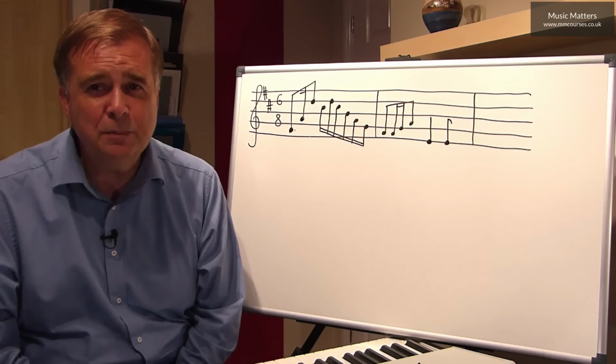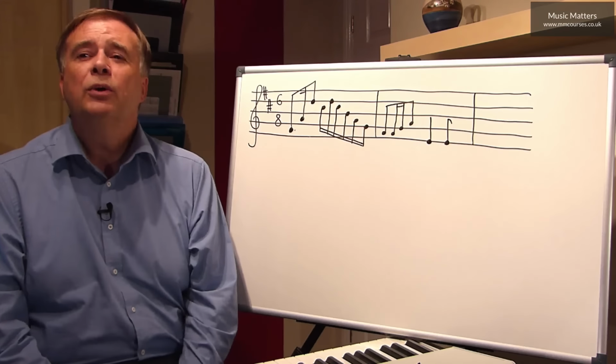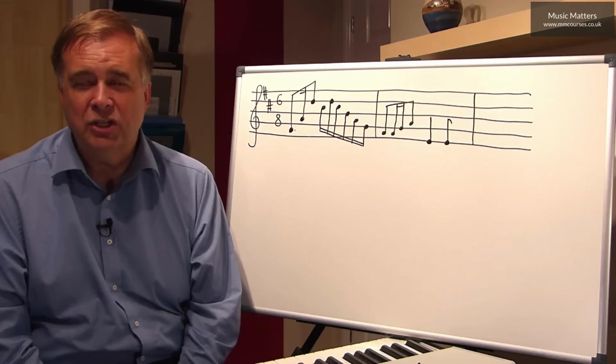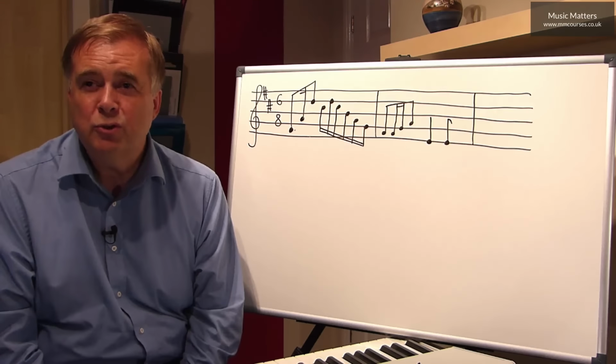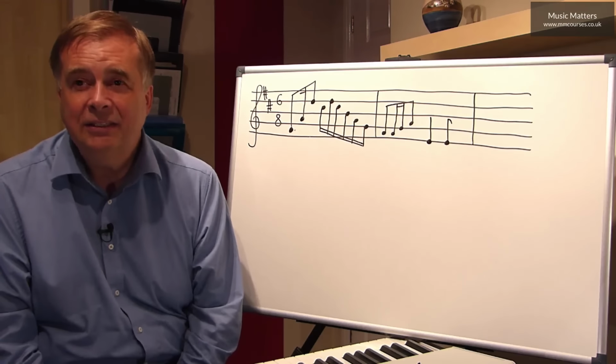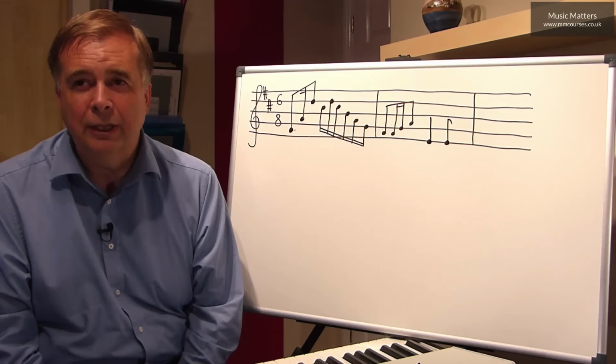So I hope this approach is beginning to make sense, that we start with the overall structure and then we plan the internal structure. When we've got the internal structure in place, we're also planning keys and cadences so we know where we're going.